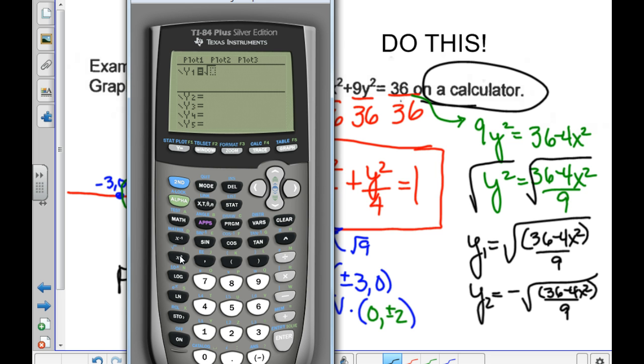Do a zoom square. It depends on your window whether it will even look like it actually touches the line. Oh, I forgot the parenthesis.